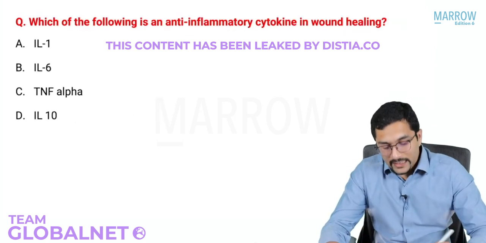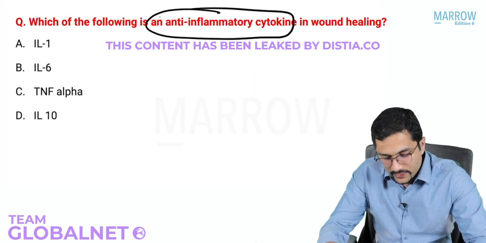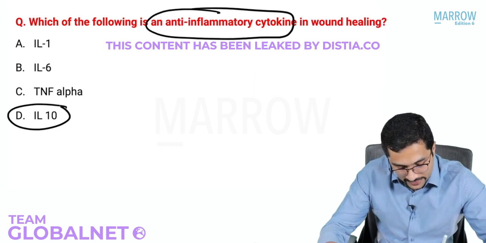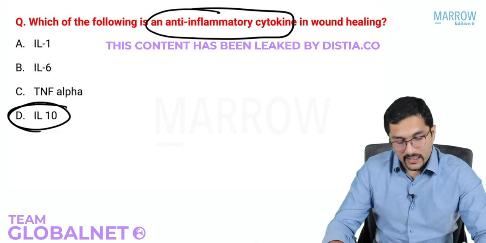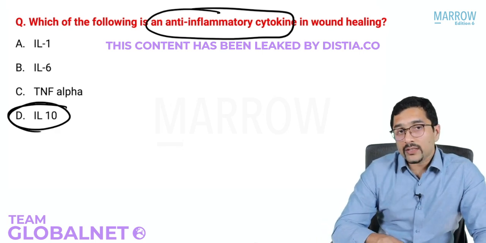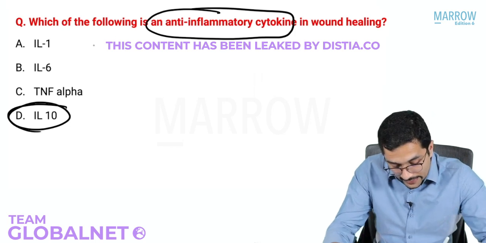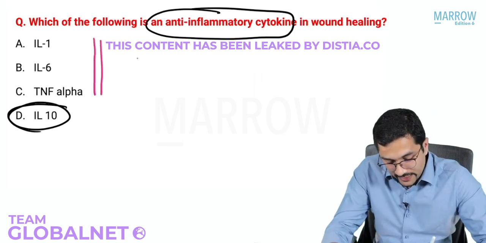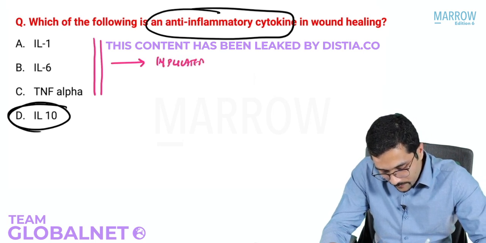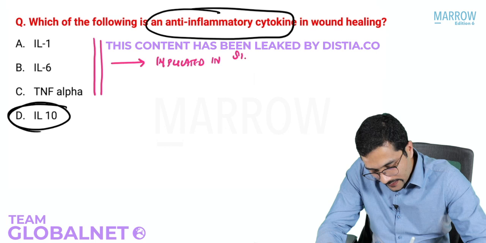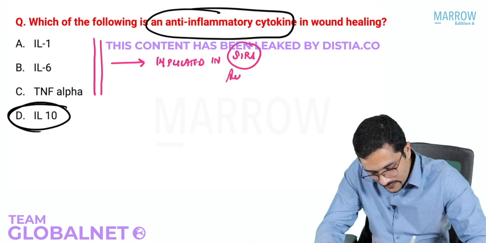Which of the following is an anti-inflammatory cytokine? Anti-inflammatory is IL-10. This question has been asked in many exams. Dr. Ila has also covered this. IL-1, IL-6 and TNF-alpha are implicated in SIRS. What is SIRS?